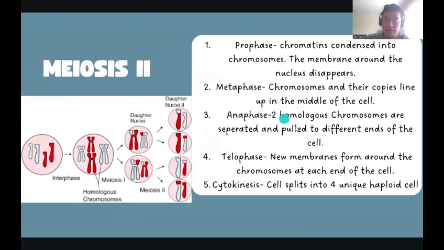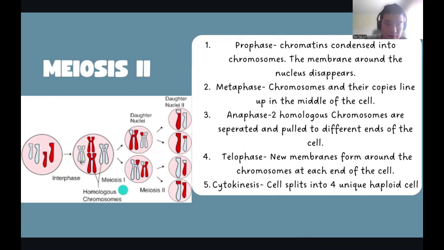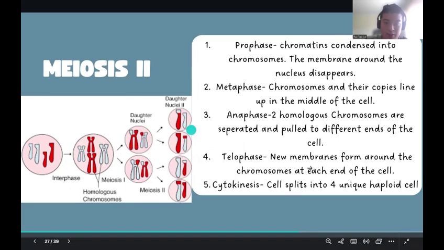And then anaphase, two homologous chromosomes are separated and put to different ends of the cell. Telophase, new membranes form around the chromosomes at each end of the cell. Cells split into four unique haploid cells. So like this in the diagram. Homologous split.